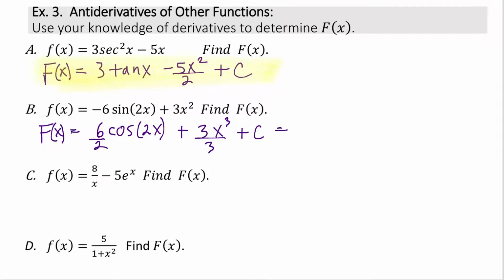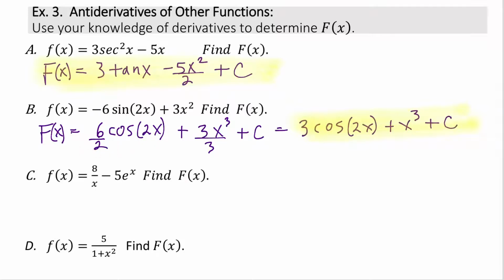That would be equal to 3 cosine of 2x plus x cubed plus c. So as you're working these, you want to double check your work, using your knowledge of derivatives to make sure you're not missing something like a constant or getting the constant in the wrong place. All right, and that can happen with these especially.